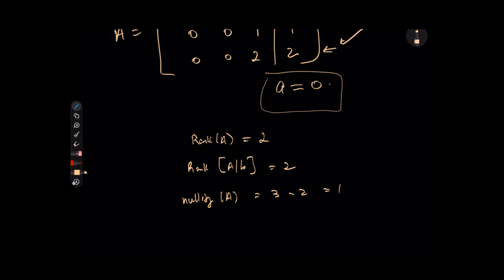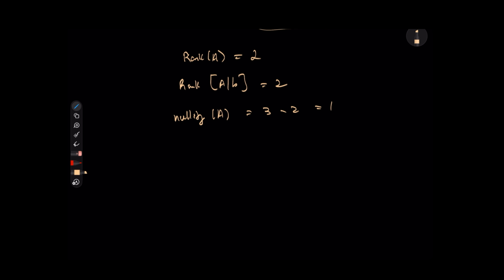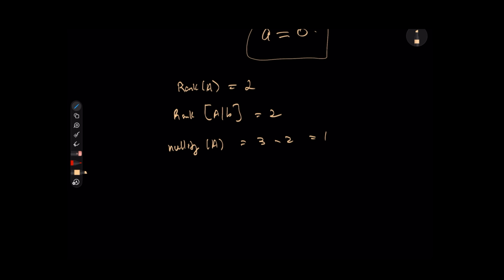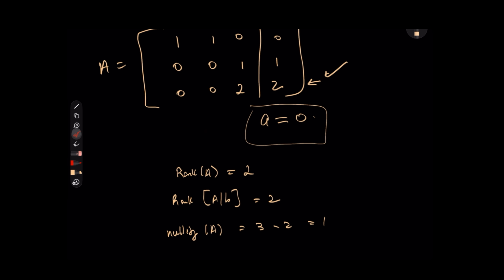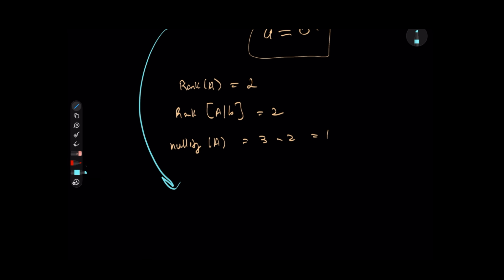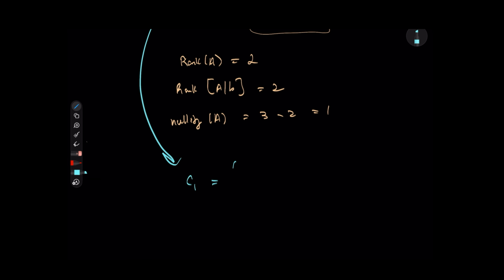Okay, and for this question, if they ask for the column space, what happens at a equal to 0, we just saw. So I'm looking at the columns. Column 1 is 1, 0, 0. Column 2 is 1, 0, 0.